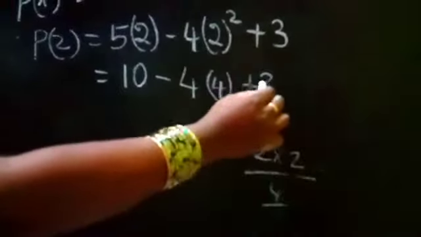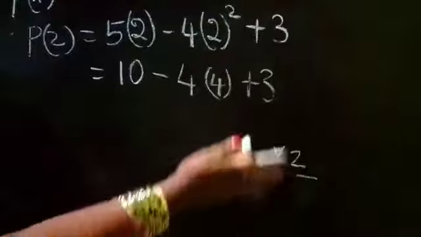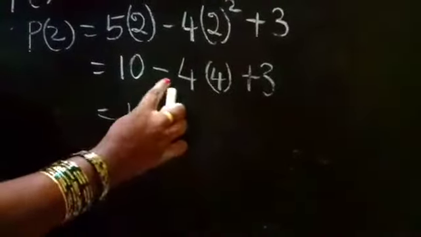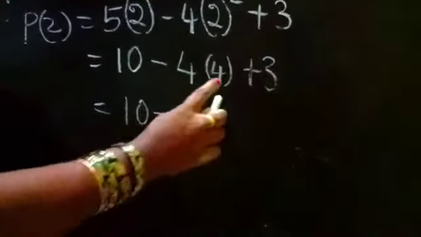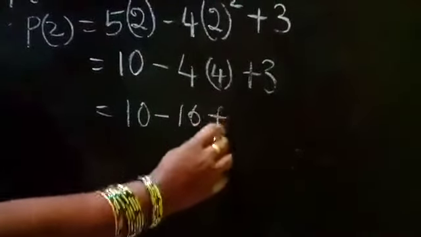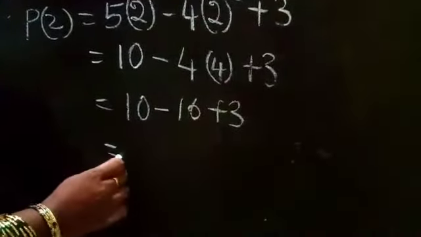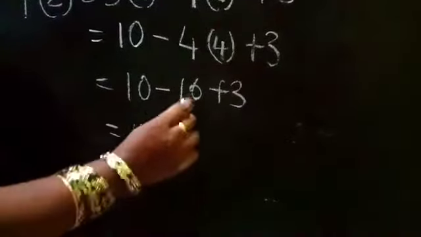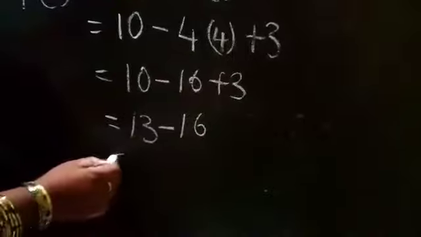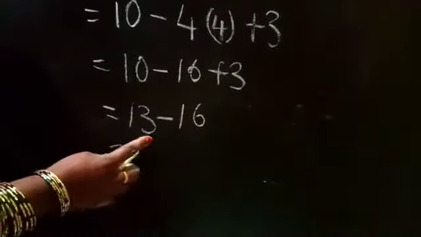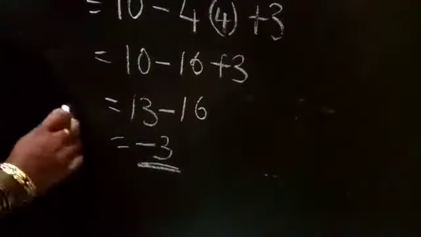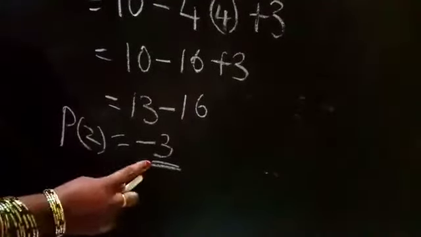This is plus 3 we have here. 10 minus into plus gives minus 4 4s are 16, plus 3. Here 10 plus 3 is 13, minus 16 we have. So minus 16 plus 13 is minus 3. So p of 2, we got minus 3.